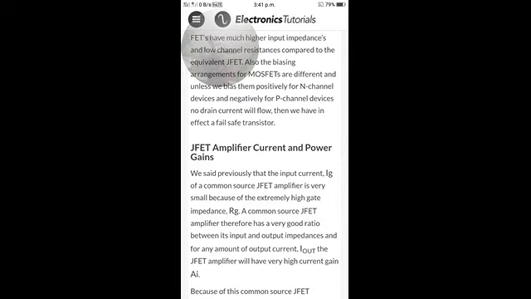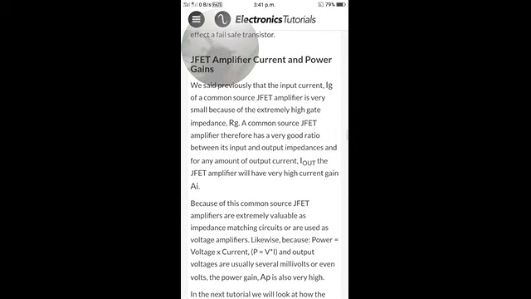JFET amplifier current and power gains. The input current IG of a common source JFET amplifier is very small because of extremely high gate impedance.